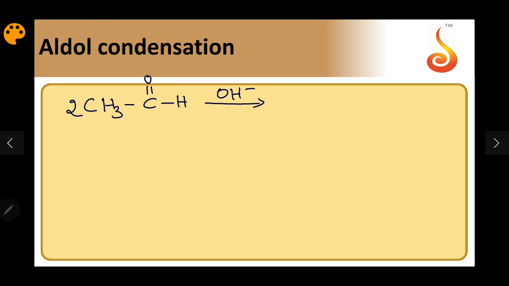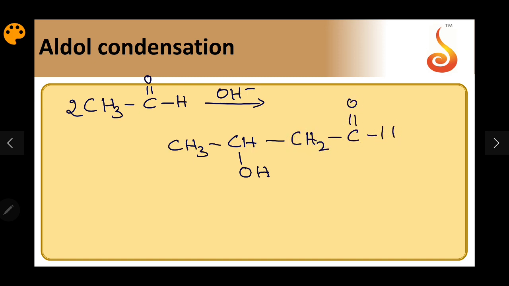The first molecule I'll write as CH3CH, instead of writing double bond O, I'll write it as single bond OH. I am showing how to write the product. From the second molecule you take out one alpha hydrogen, it becomes CH2, then continue the same structure. So you're joining the two molecules to form a beta hydroxy aldehyde.